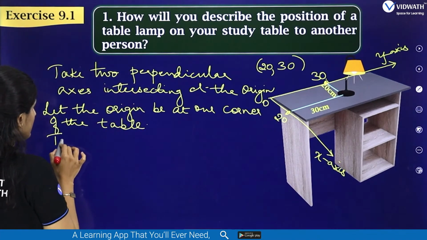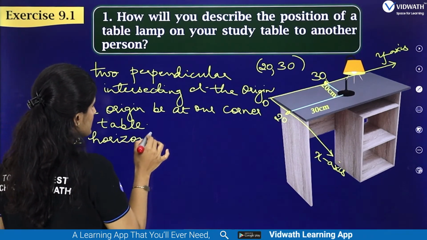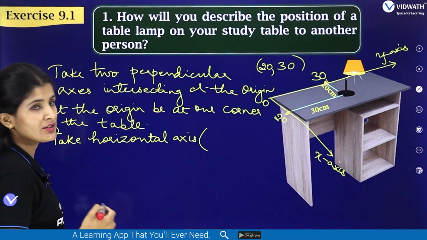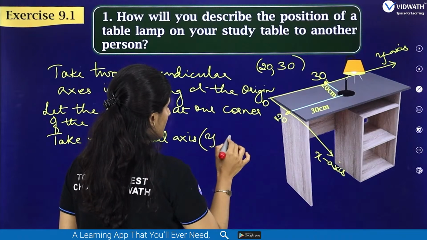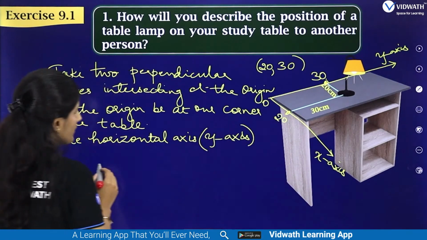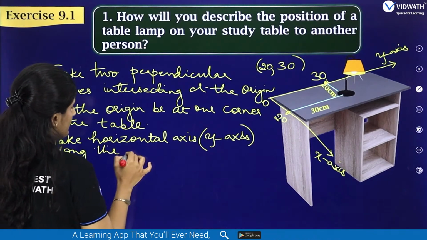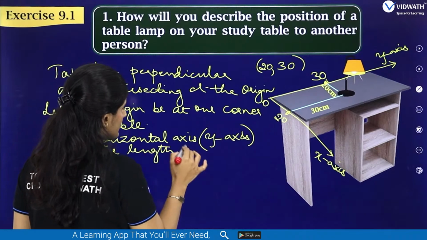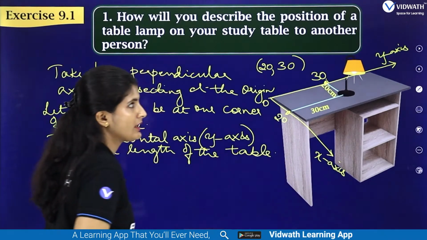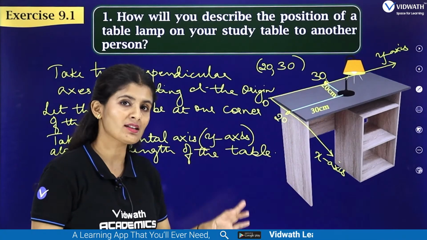Then take the horizontal axis. In this case, which is the horizontal axis, students? That is the y-axis. This horizontal axis, we are going to take along the length of the table. Students, how do you consider the length and breadth of the table? The longer side is usually the length and the shorter side is the breadth.